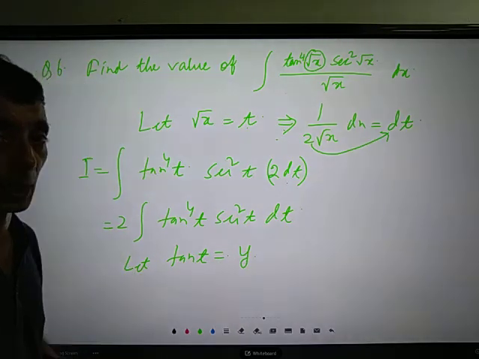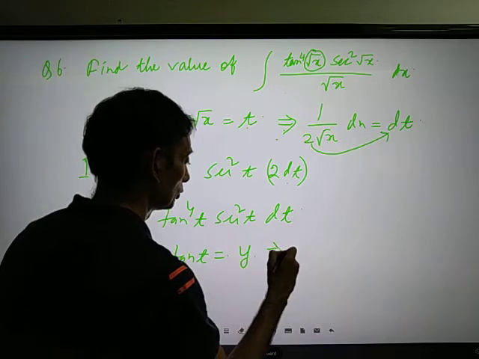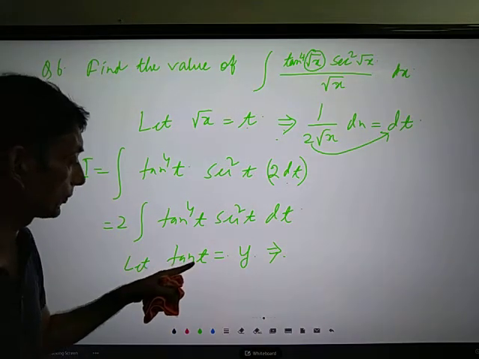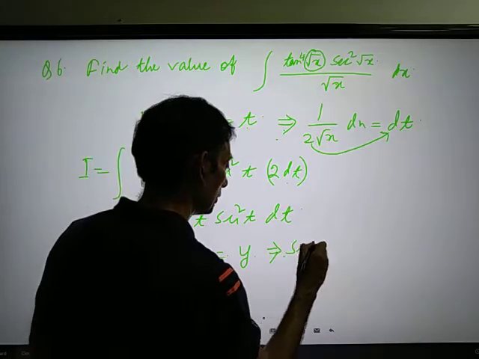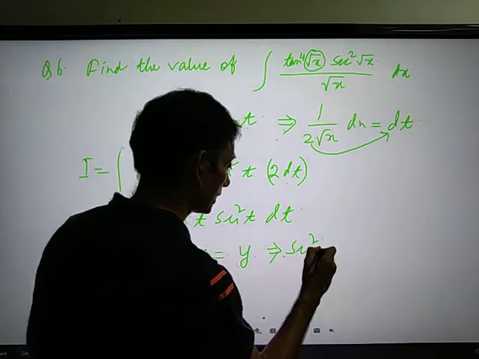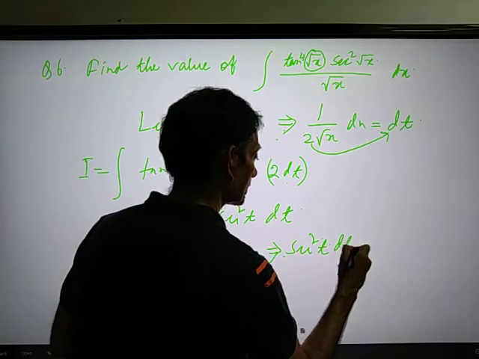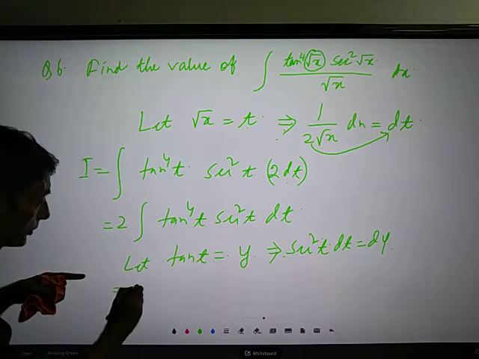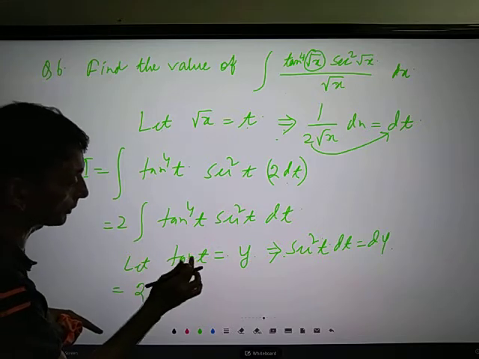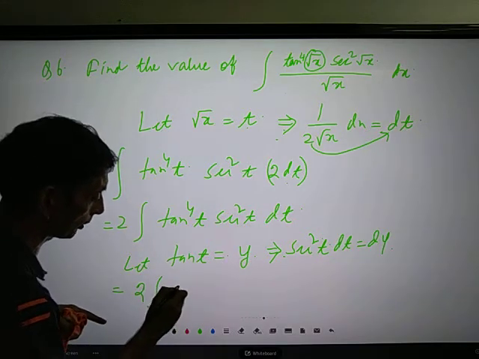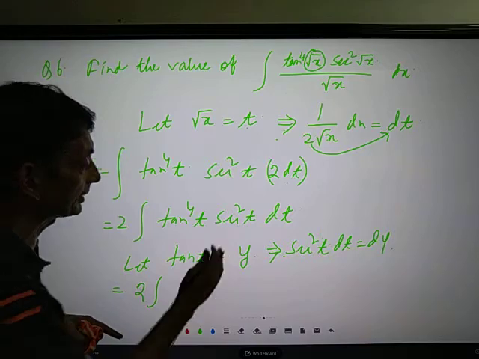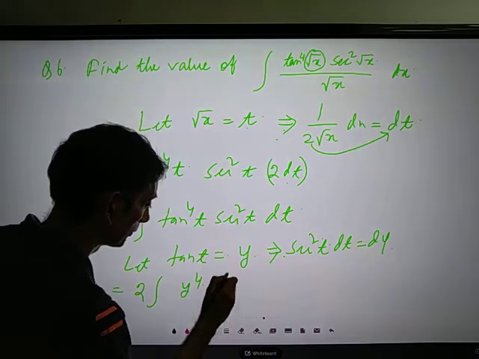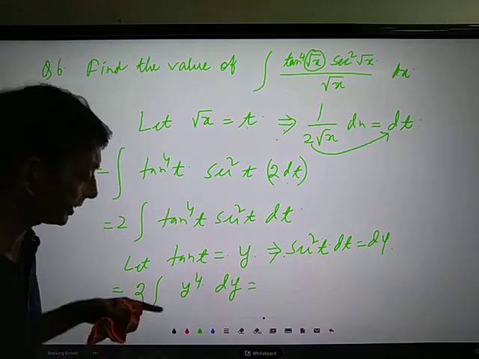If tan t is equal to y, then we differentiate this: the differentiation of tan t is sec square t dt, equal to dy. In place of tan t you write y, so it will be y to the power 4 and sec square t dt. So sec square t dt is equal to dy. Fine, so you can just integrate this.